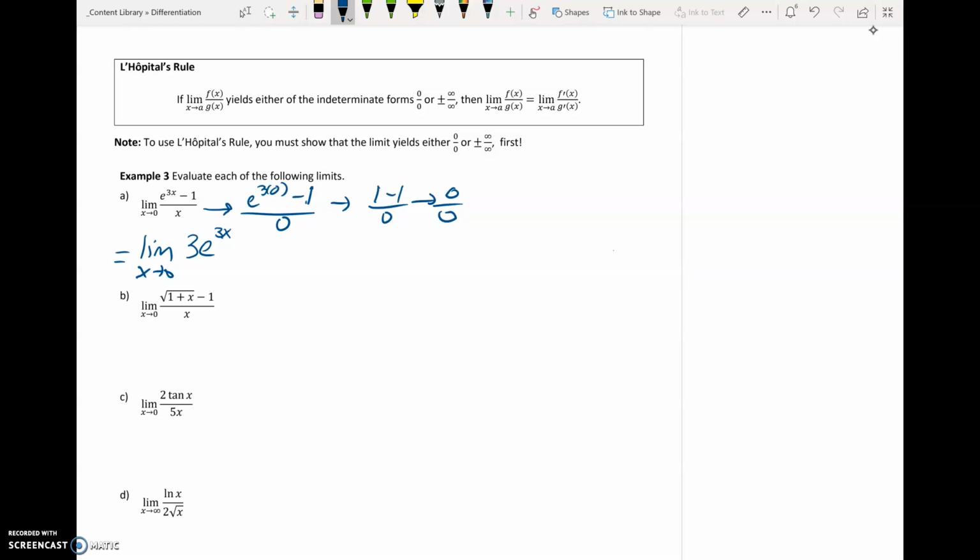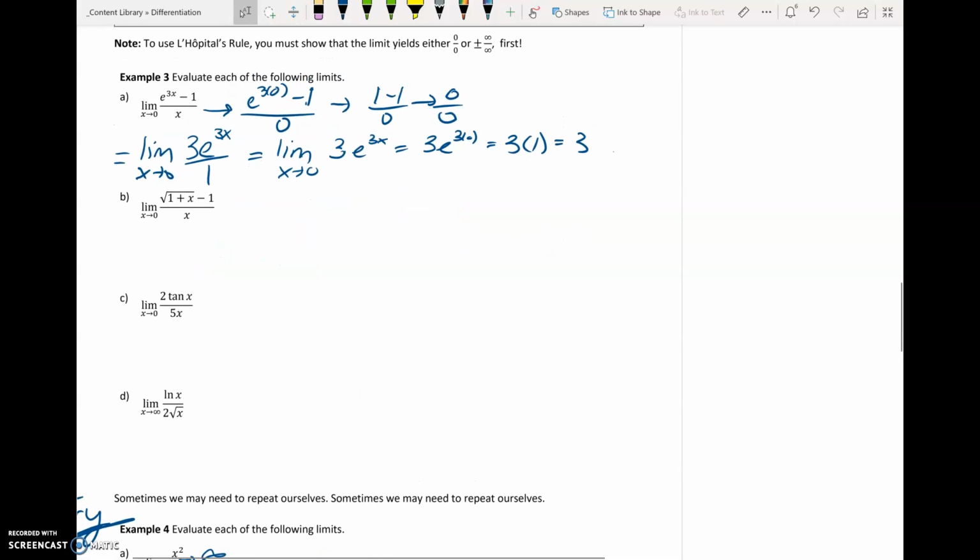The derivative of 1 is 0. The derivative of x is 1. Now we can just evaluate this limit because it's not going to give us an indeterminate form anymore. So that's 3 times e to 3 times 0. This is 3 times 1, so your overall answer is 3.